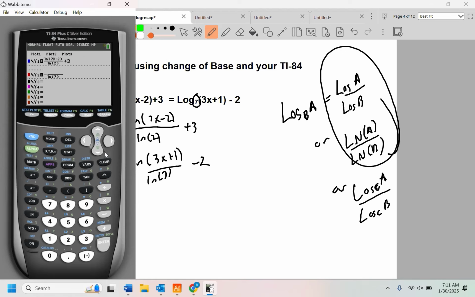Back in my day, we didn't have this feature. All right, so ln 3x plus 1 divided by ln 7. And make sure that you put the actual numbers outside of the fraction. That is where a lot of kids are messing up. They're not putting their digits in the right place. Zoom 6.